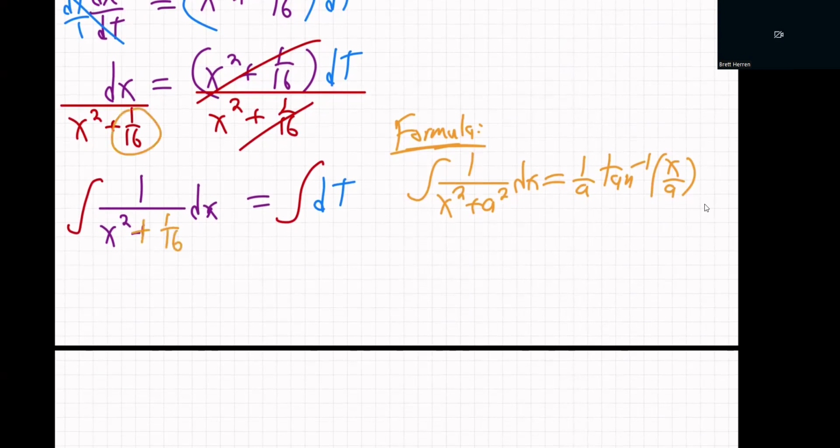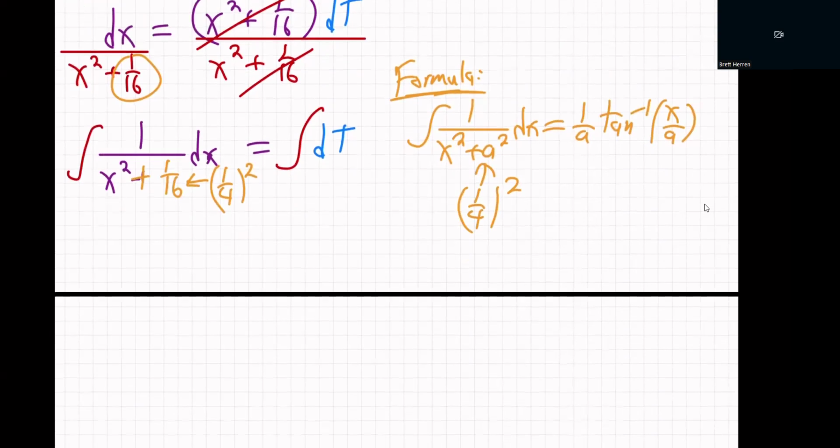Okay. So that means our a squared is 1/4 squared. So our a is 1/4. So what does it equal? It's going to equal 1 over 1/4, right? The a is on the bottom. The a is 1/4.